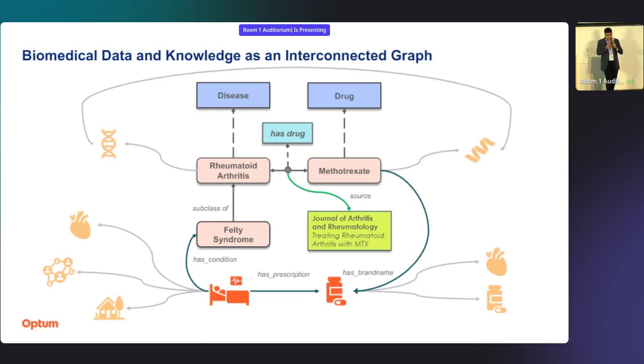So as you can see, this can become really a large knowledge graph. And the key thing to note here is that both the biomedical knowledge as well as the biomedical data is changing over time. So none of these edges will remain constant. There will be new edges which are formed, some edges which are deleted, things like that.